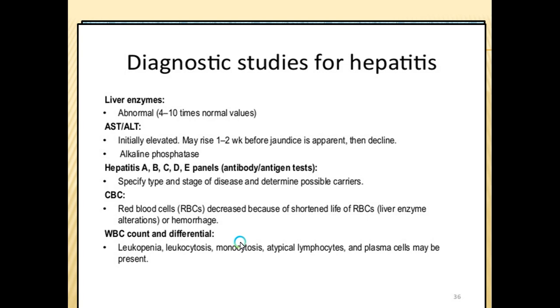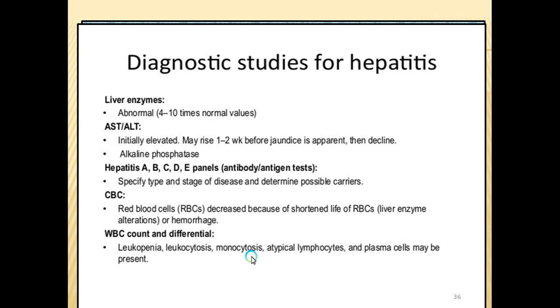Next is plasma cells. We also have a type of hepatitis which I have not dealt with, but it is a rare type. It is called plasma cell hepatitis. This commonly occurs in young girls, and in this type we will find that plasma cells have increased. Those girls will have amenorrhea, obesity, skin rashes, and mild to moderate to severe liver damage.